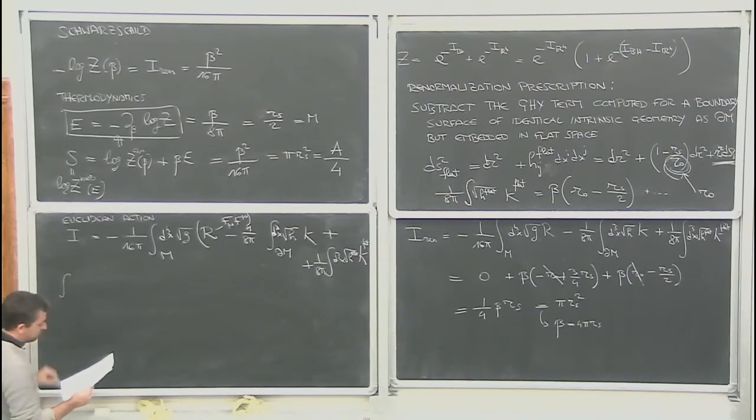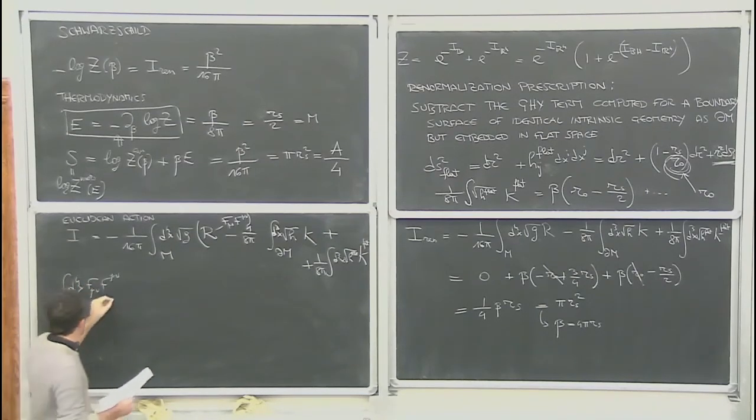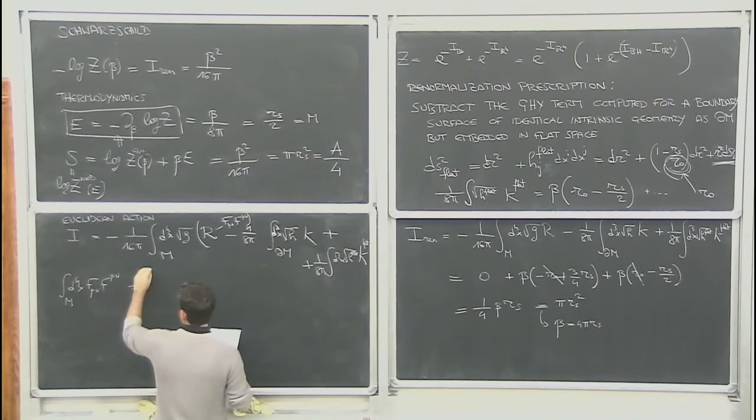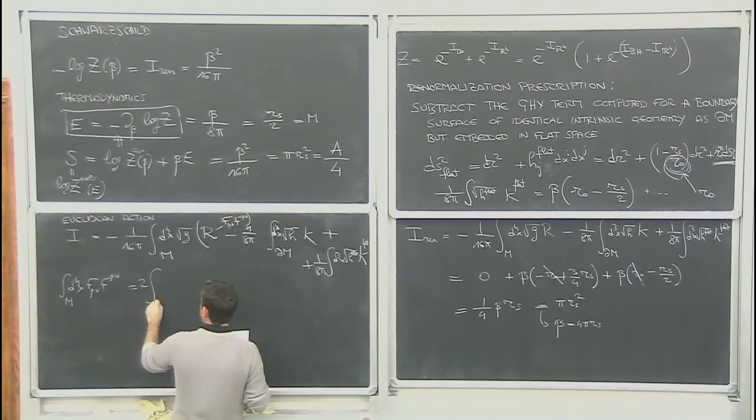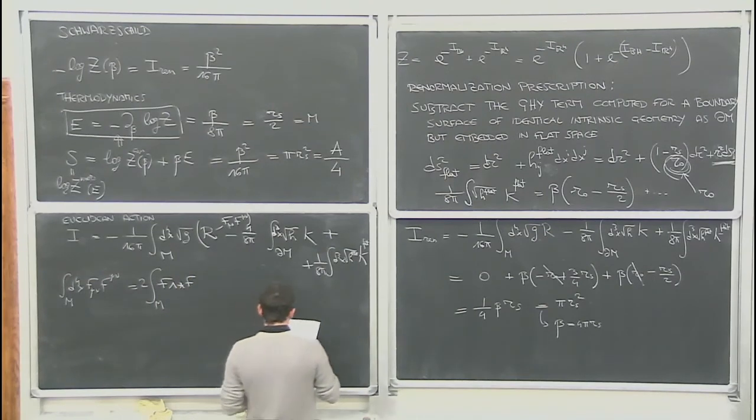So one way to compute it, I'm not going to do all the steps, is, so we have to compute a term like this. This is easily seen in differential form notation. It is f wedge star f with a factor of 2.